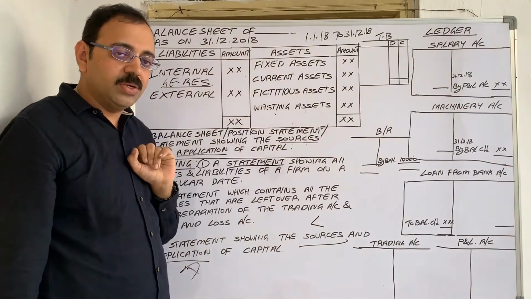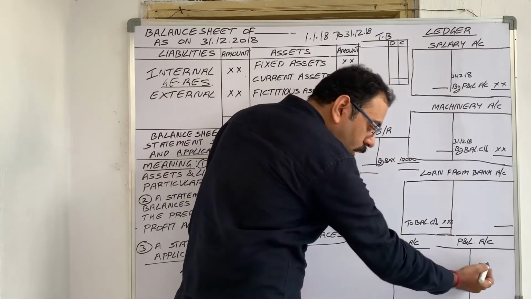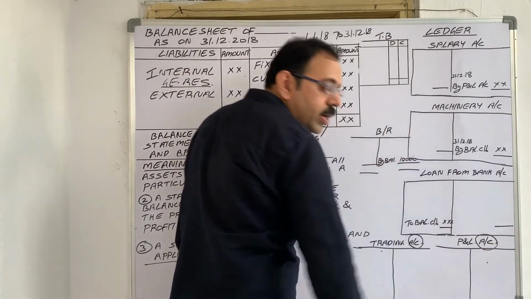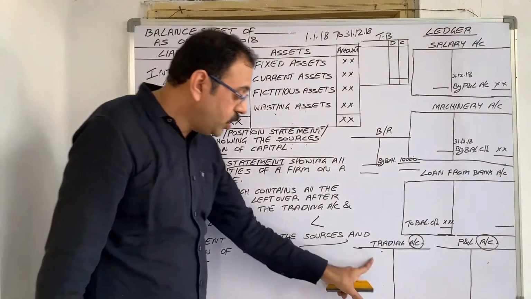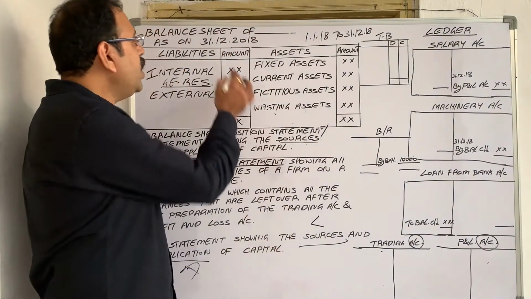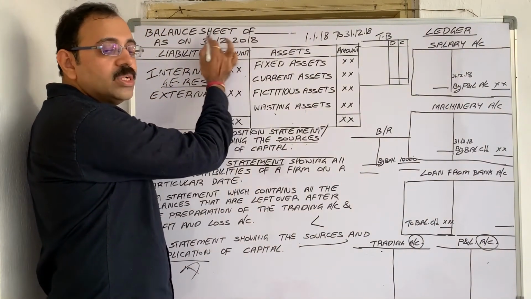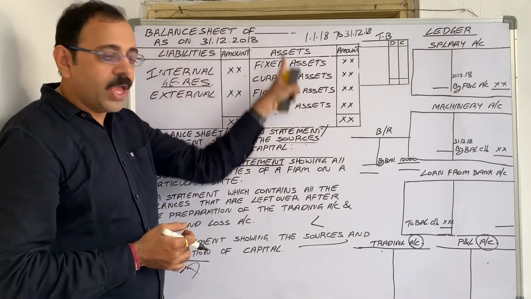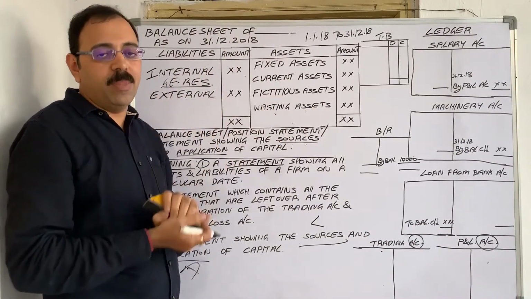If you observe, for first two reports, we are adding the word account because these two come under accounts. But we are not adding any account word here. Means what? Balance sheet is not an account, it is only a statement.